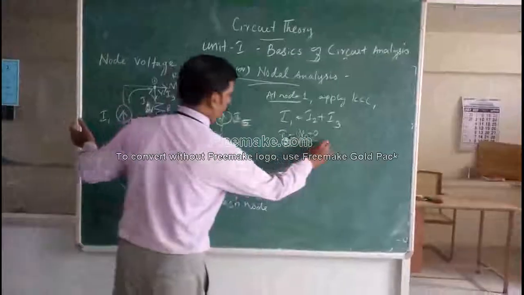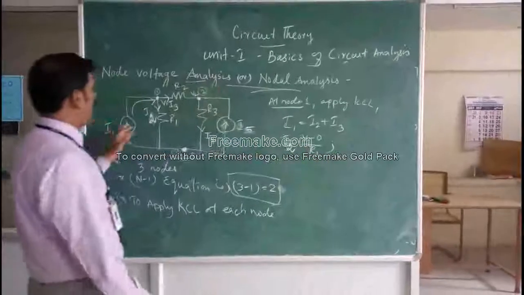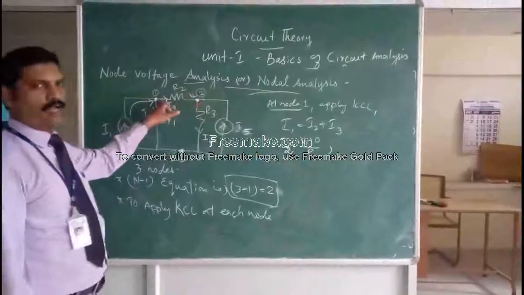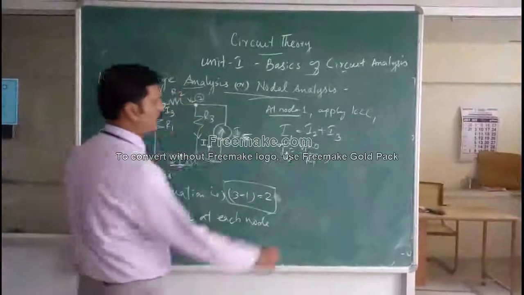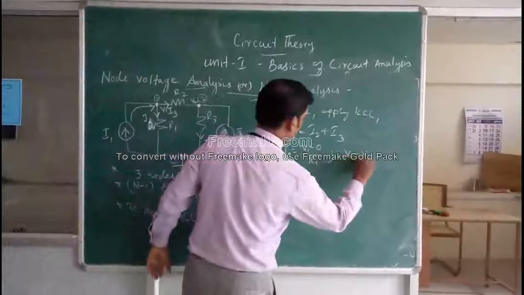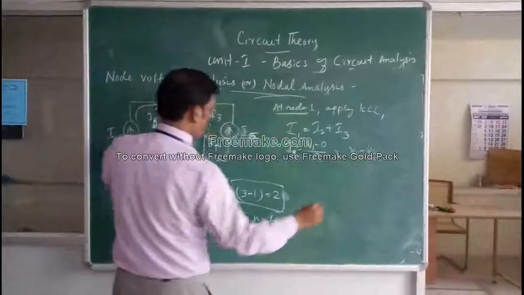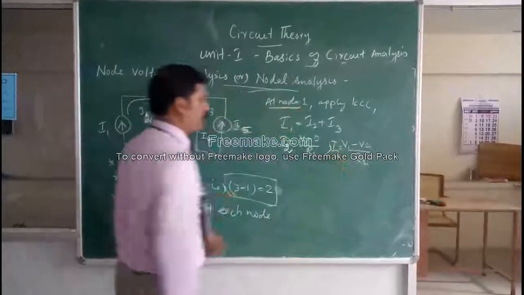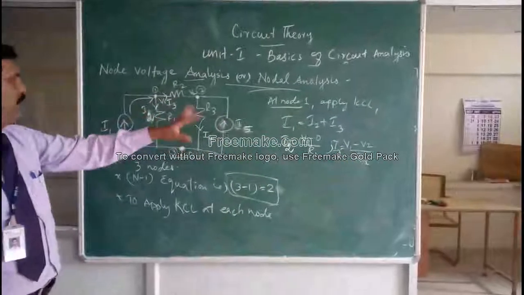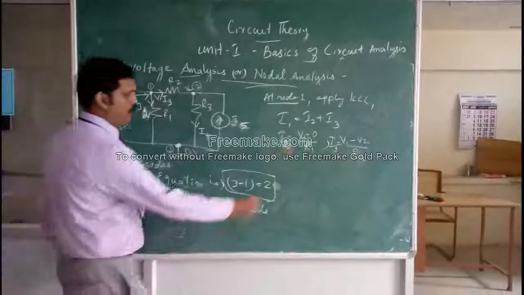Similarly, I can find I3. I3 is the current flowing between node 1 and 2. That is V1 minus V2 divided by R2. This is your I3. Once you find I2 and I3, you can substitute them in the equation.